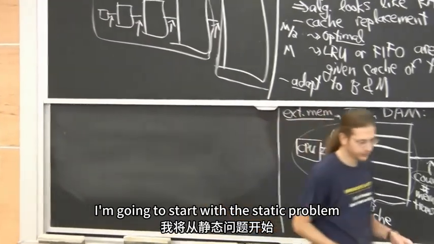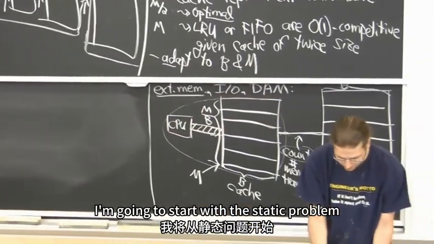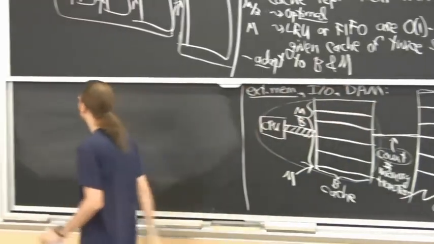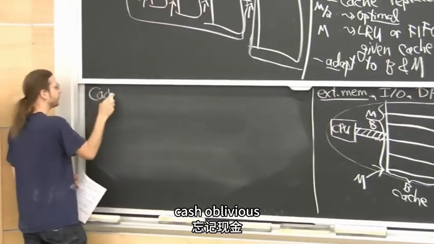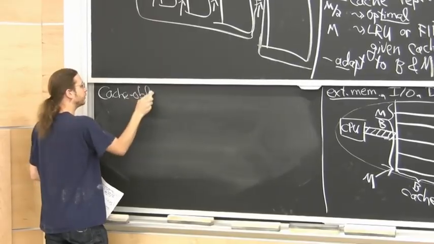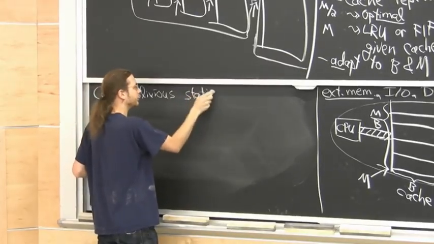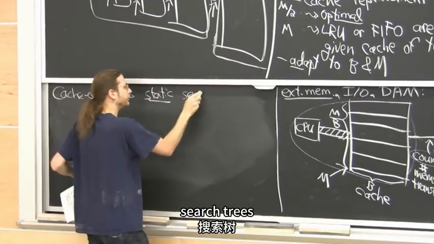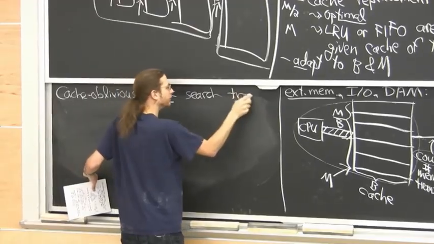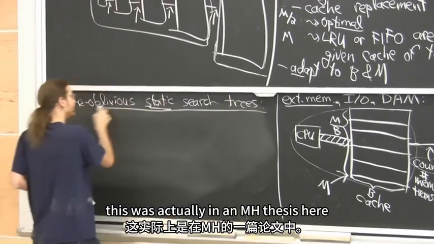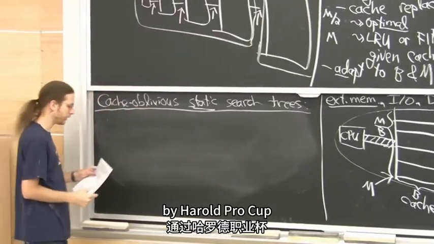I'm going to start with the static problem. Cache oblivious static search trees. This was actually in an MEng thesis here by Harold Prokop.